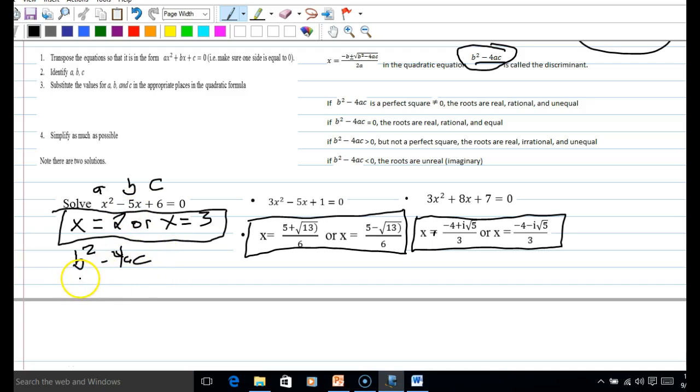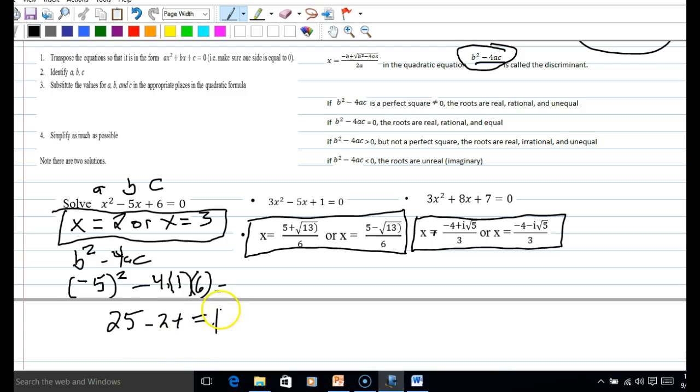So in this particular case, we have b, which is minus 5, squared, minus 4 times a, which is 1, times c, which is 6. So that gives me 25 minus 24, which is equal to 1.